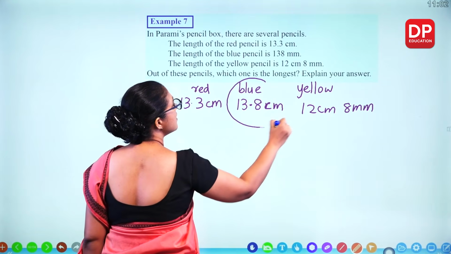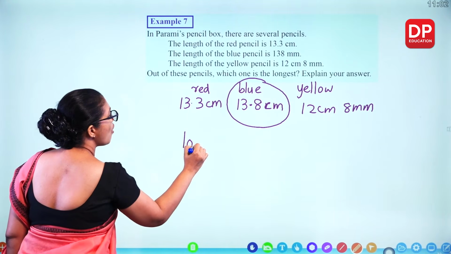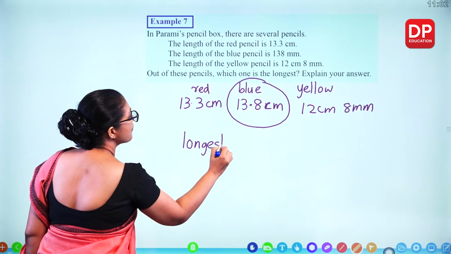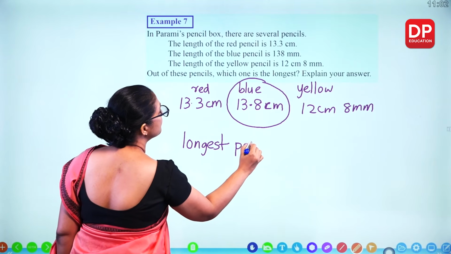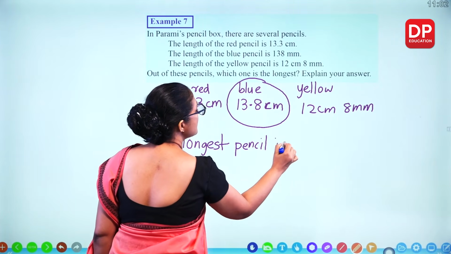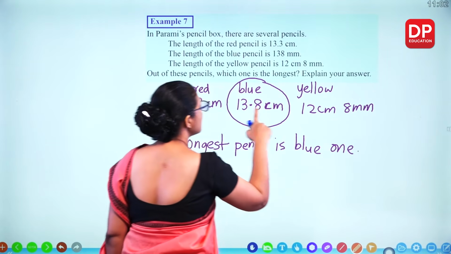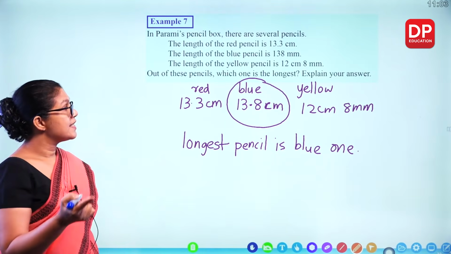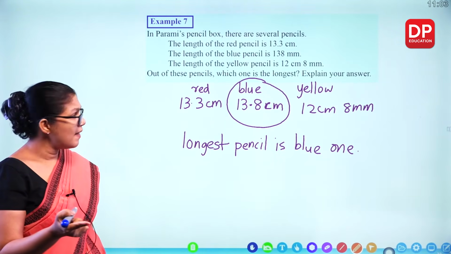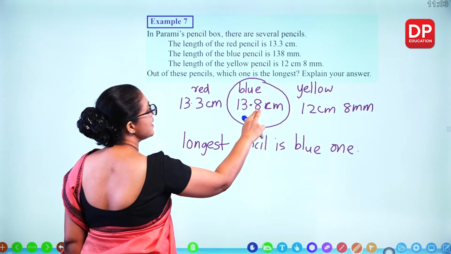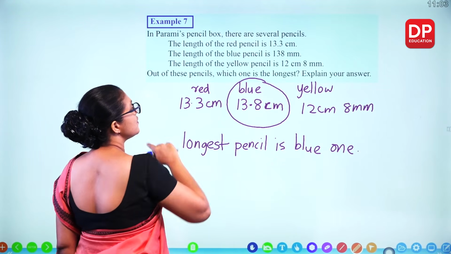The longest pencil is the blue one, because this is 13.8. 13 is bigger than 12, and in the decimal place 8 is more than 3.